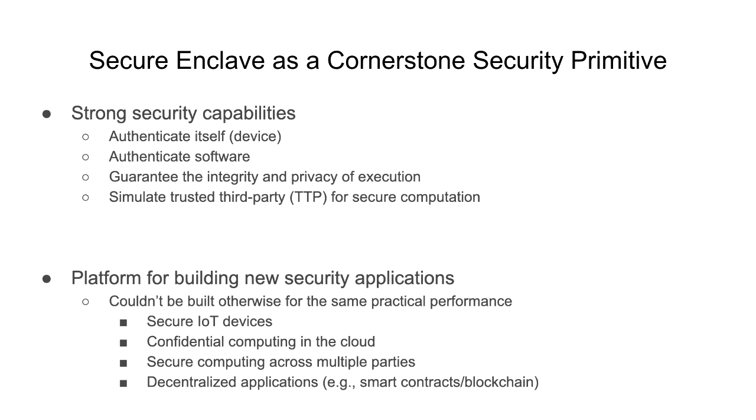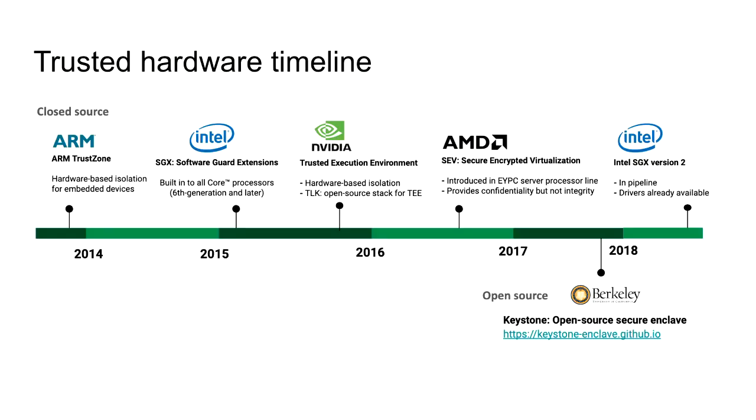Also, one important note is that while my own research group and other researchers in the community have been working on crypto-based techniques such as homomorphic encryption, multi-party computation, and zero-knowledge proofs, one significant advantage of secure hardware-based approaches compared to crypto-based approaches is practical performance: oftentimes it can achieve close to native performance.